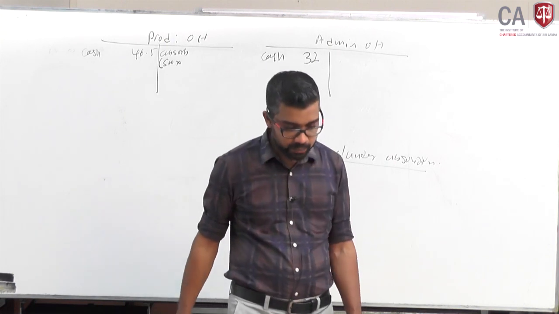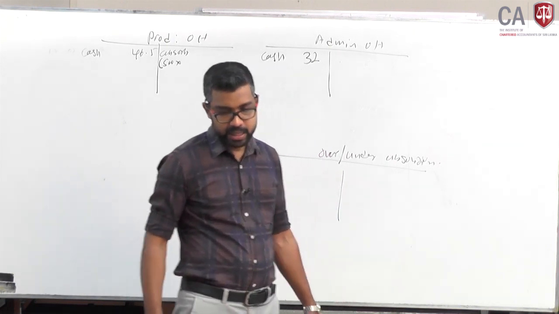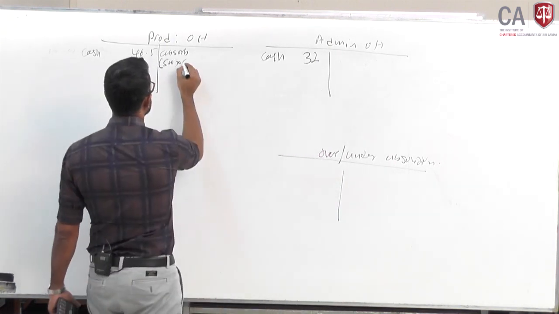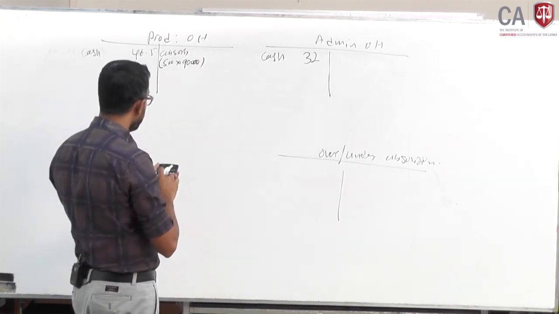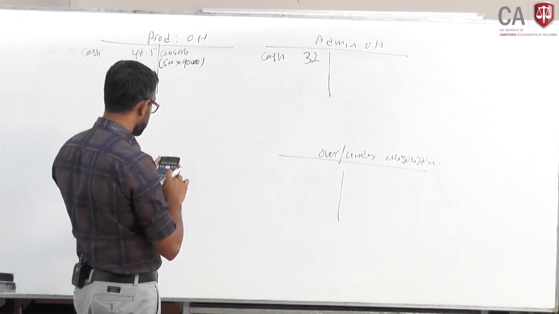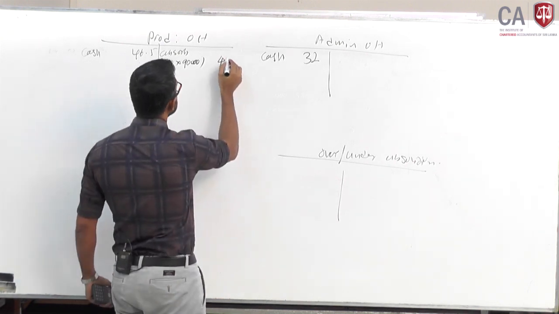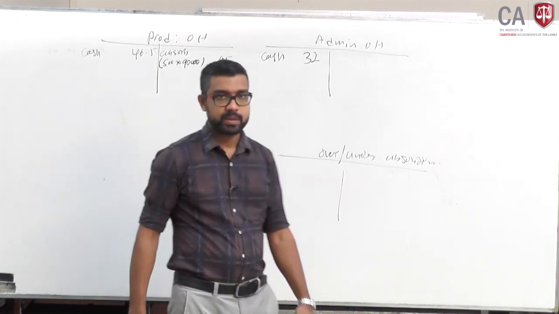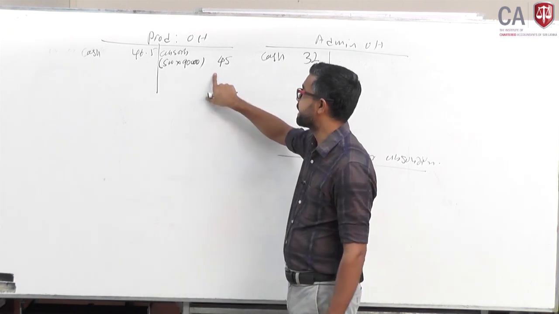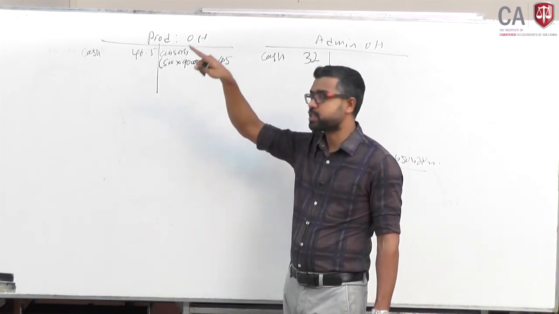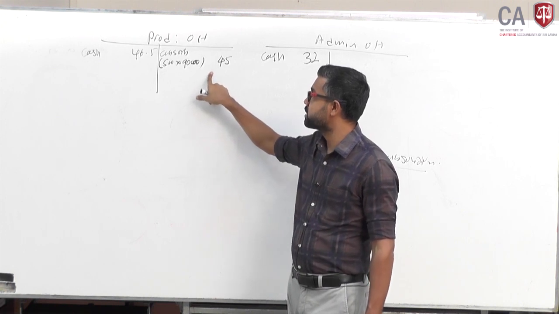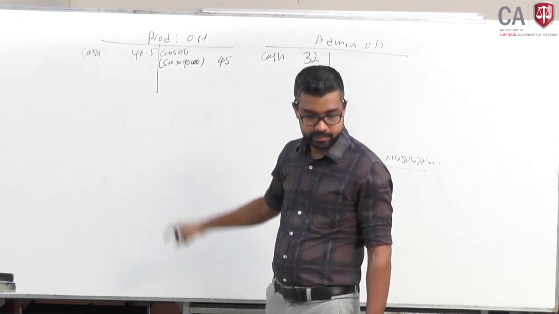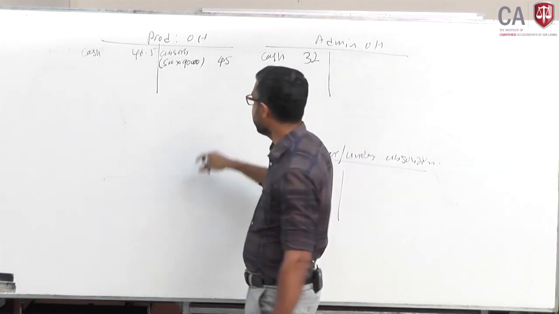How many operating hours do you have? 90,000. 500 into 90,000 is 45 million. This is credit. Debit to expense. So here the absorption cost in this account is debited.